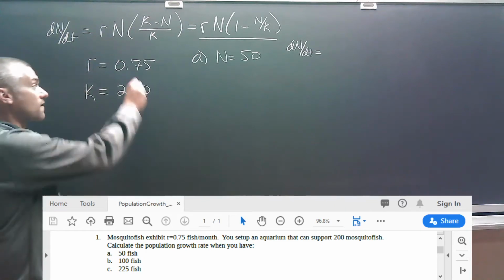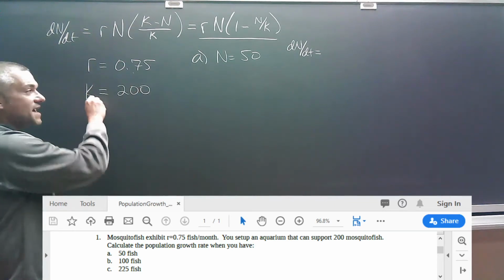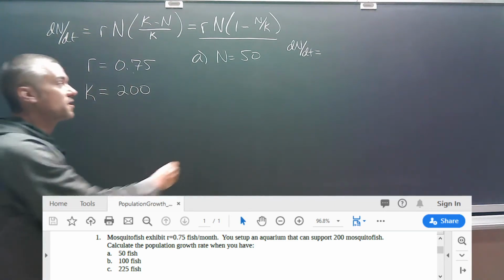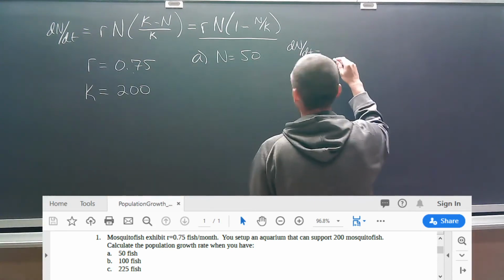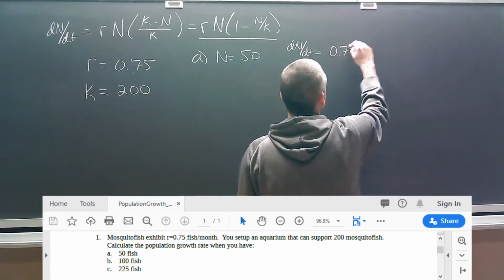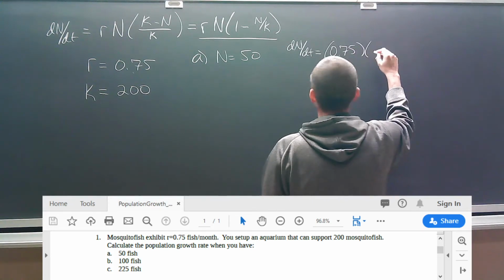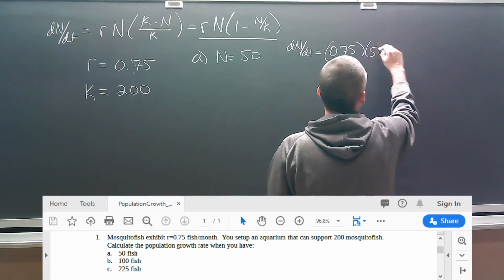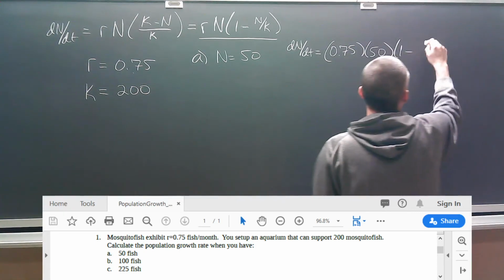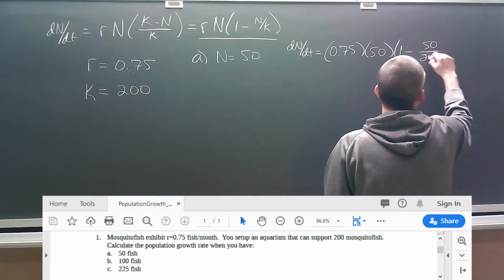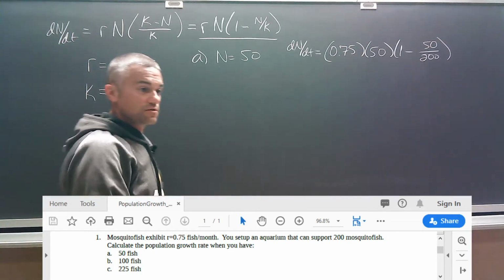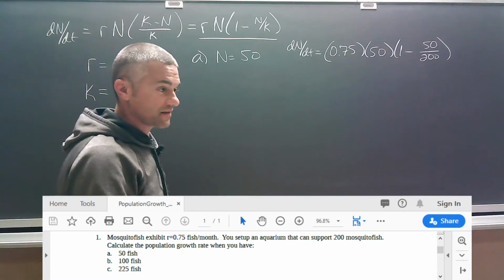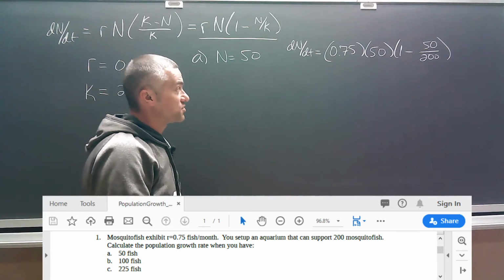We have r, that's given in the problem, we have K, that's given in the problem, and now in our problem we have our population size N. So I will just substitute each of these variables into our equation. And once I have that, I will then use my calculator to calculate our population growth rate.